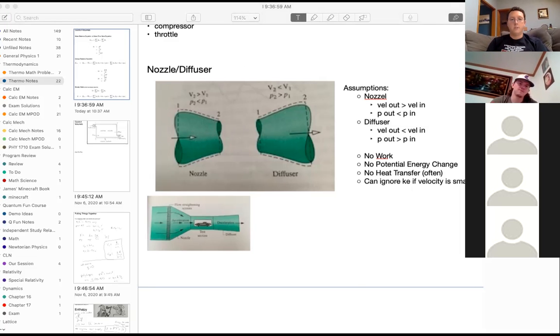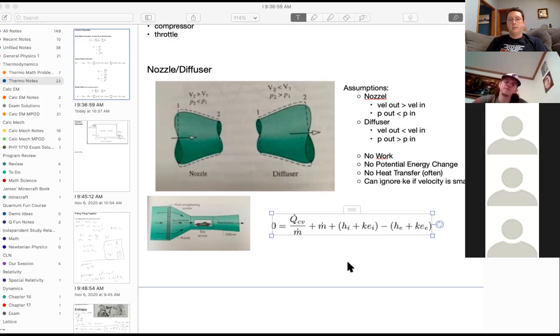I'm just going to edit the equation here. And we're going to ignore potential energy. And we're left with possibly heat, maybe, and possibly kinetic energy. And so we get this equation.